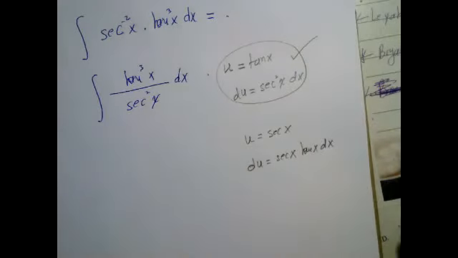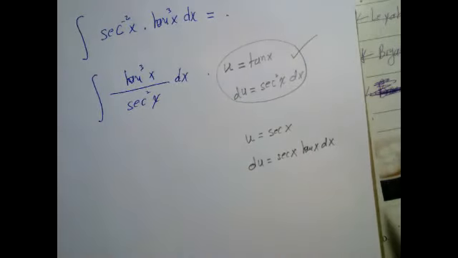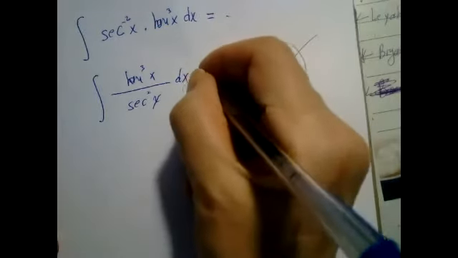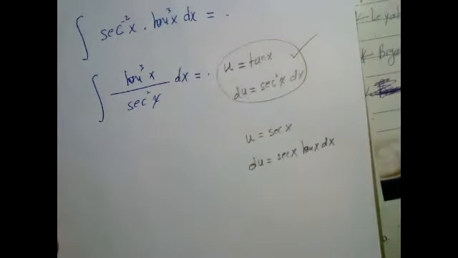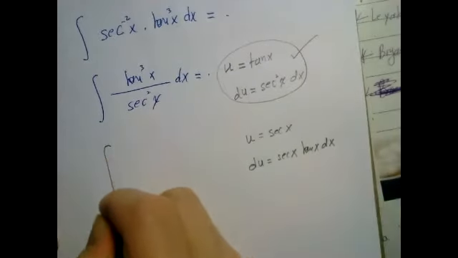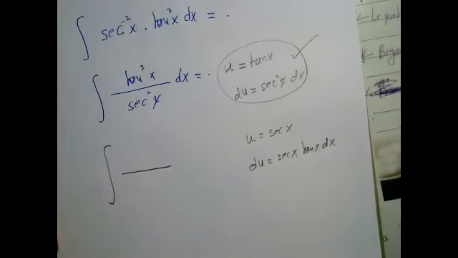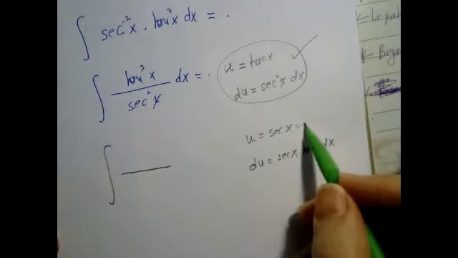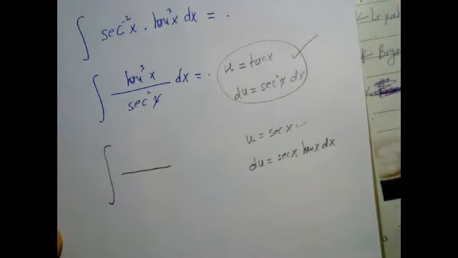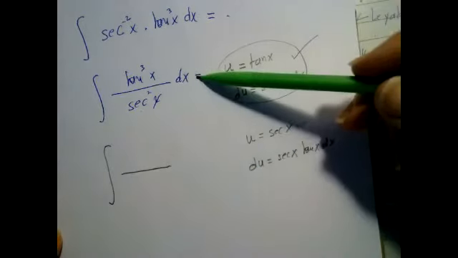Okay. Do you think where this will go? Let's see if this will do. I'm going to use a pencil so I can erase if it doesn't. All right, this will be taken care of. This will become u square. How about tangent cube?